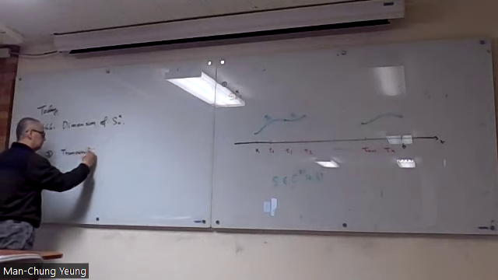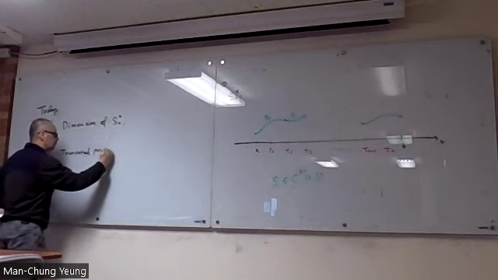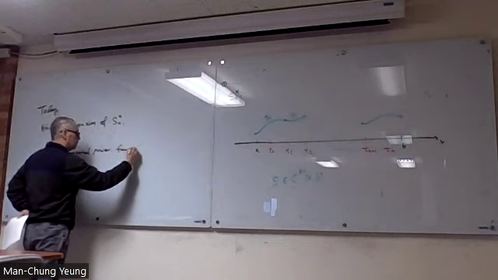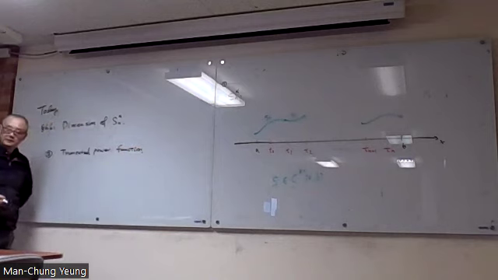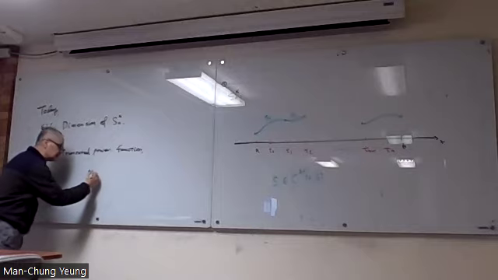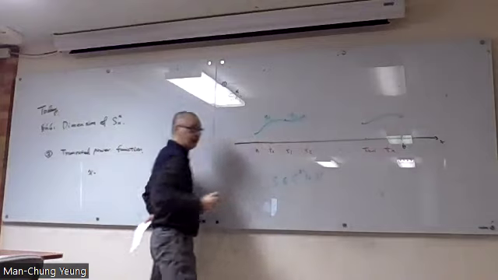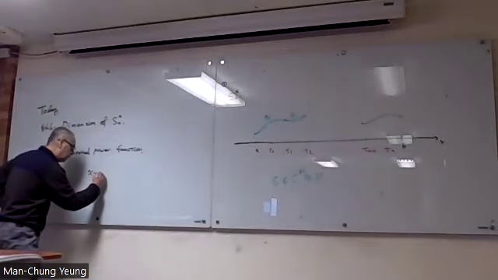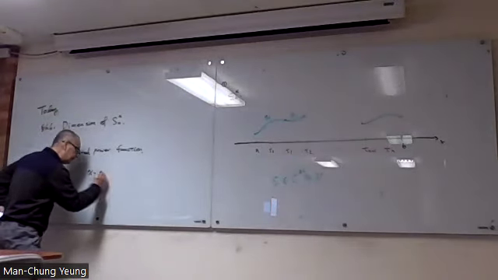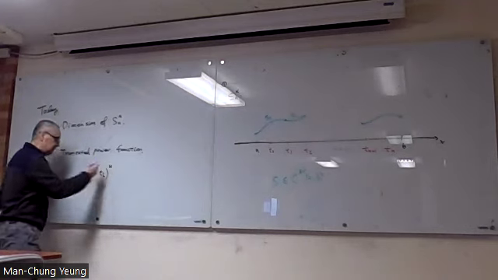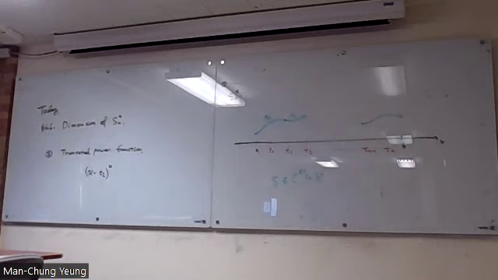A power function: X minus, say, let me pick a knot from T0 to Tn. Say, Tr. Okay, Tr. This is a power function.